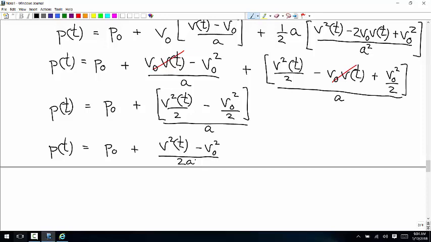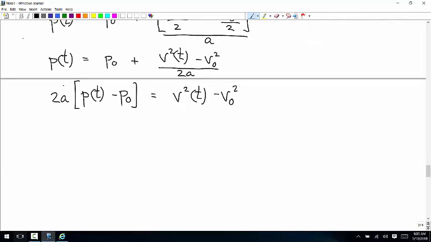And then the final form that people use: subtract P sub 0 from both sides and multiply both sides by 2A, and you get 2A times the quantity P minus P0 is equal to V squared minus V0 squared.